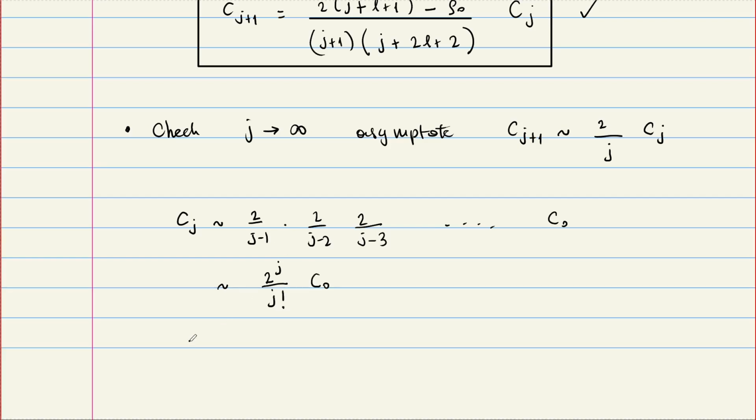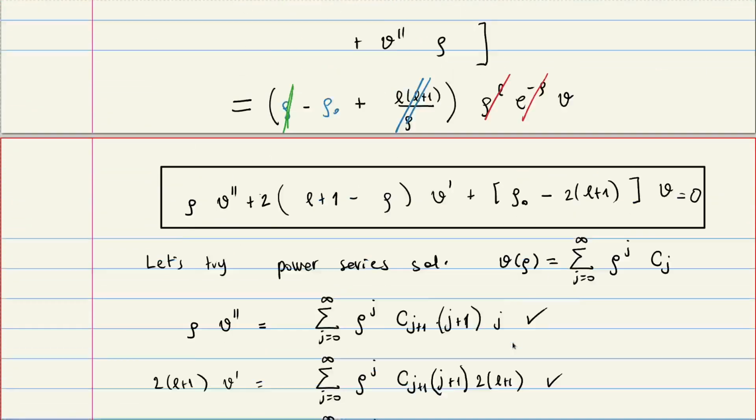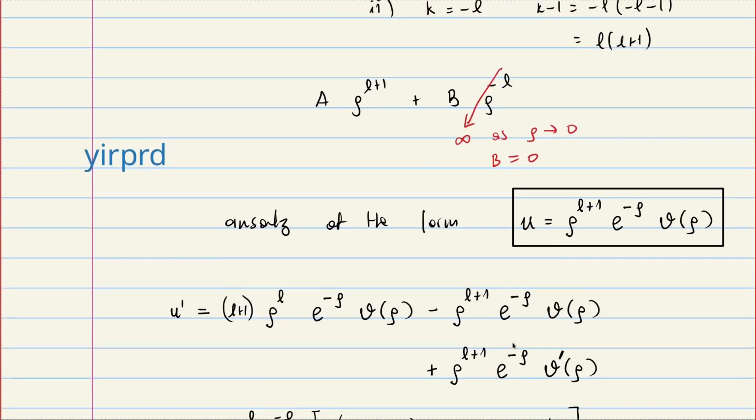Now we need to put this in V of rho and see if the result is sensible. V of rho is asymptotically equal to the sum over j of 2 to the j over j factorial times rho to the j, but this thing is asymptotically equal to e to the 2 rho. Good. And we go back and look at our definitions.